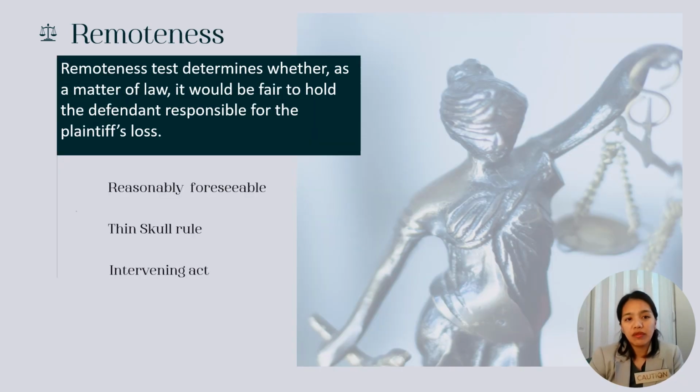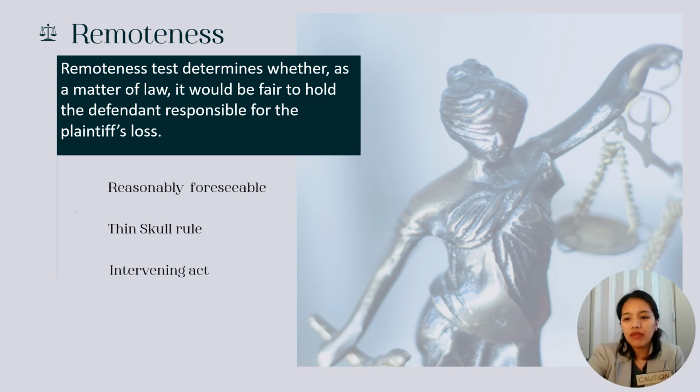The next one will be remoteness. So in negligence cases, the main question is whether the harm suffered by the plaintiff was something that a reasonable person could have expected from the defendant's carelessness. When we say reasonably foreseeable, it doesn't mean it had to be probable or very likely, just that it was a possible outcome that wasn't too unlikely.